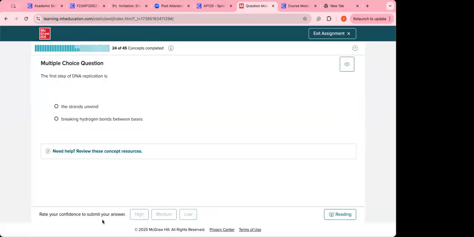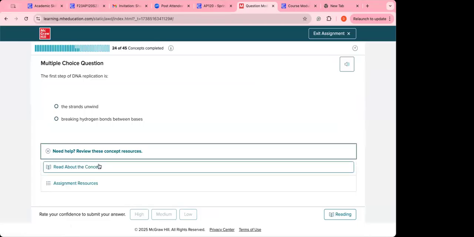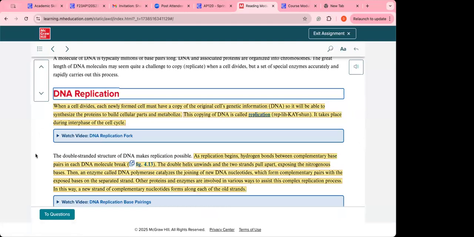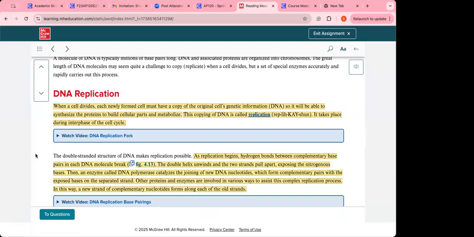The first step of DNA replication is, okay, I don't know if we got to this step yet. We'll see. When you replicate DNA, when you're going to make a copy, what do you do first? Okay, as replication begins, I'm reading in the middle of the page, the hydrogen bonds between complementary base pairs in each DNA molecule break.